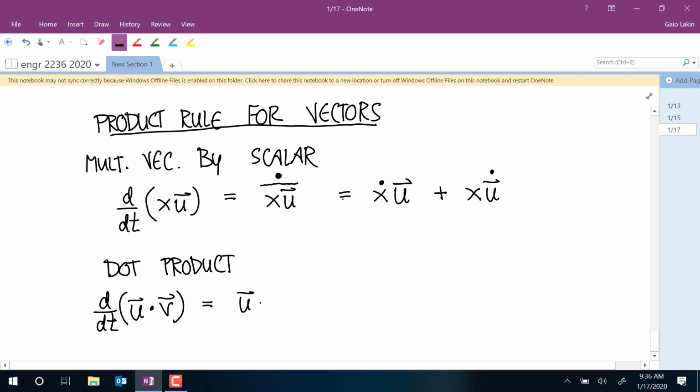This can be written u dot v with a bar and then a dot over the bar. And this is equal to u dot dotted with v plus u dotted with v dot.